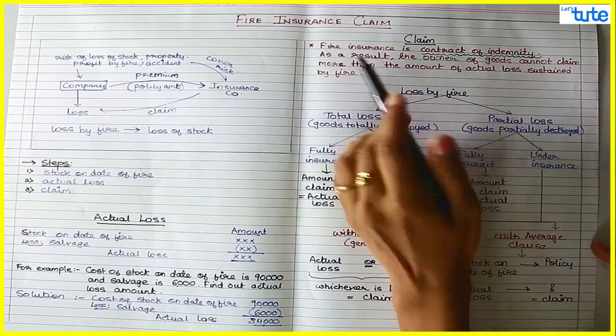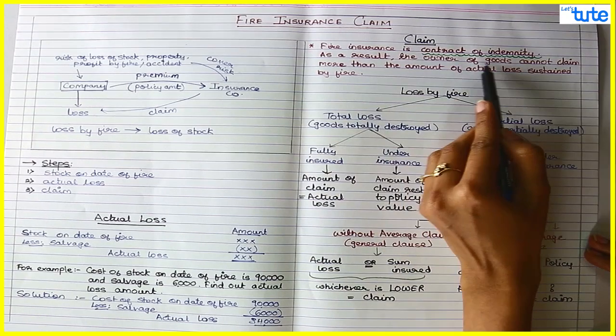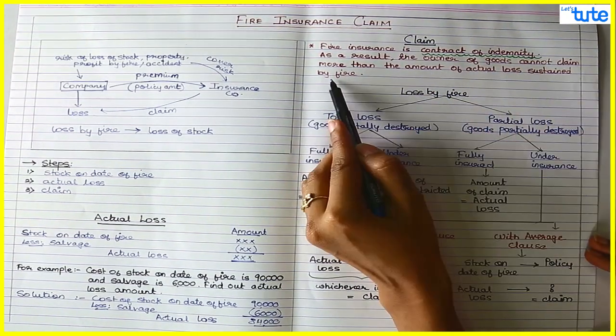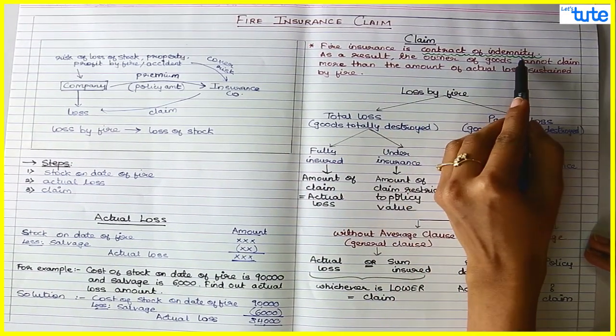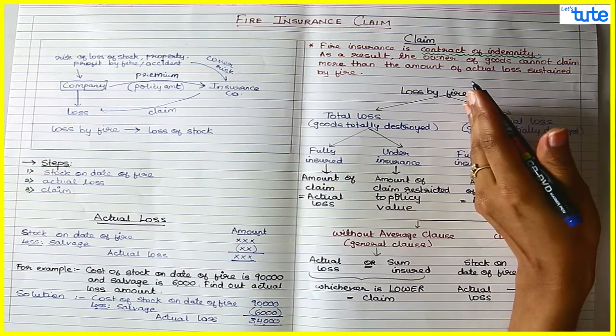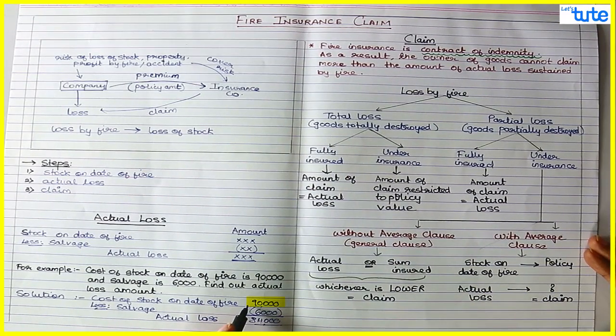Third is your claim. Fire insurance is a contract of indemnity. As a result, the owner of the goods cannot claim more than the amount of actual loss sustained by the fire. This we recently discussed. It is a contract of indemnity. That means if you suffer a loss, then the insurance company will compensate you for that loss. In this case, stock was for 90,000 but you suffered a loss of only 84,000.